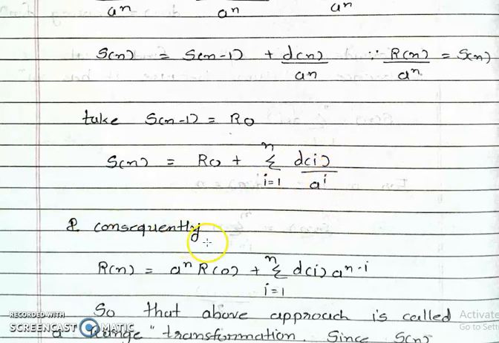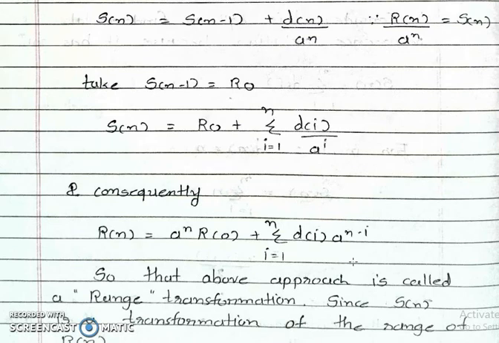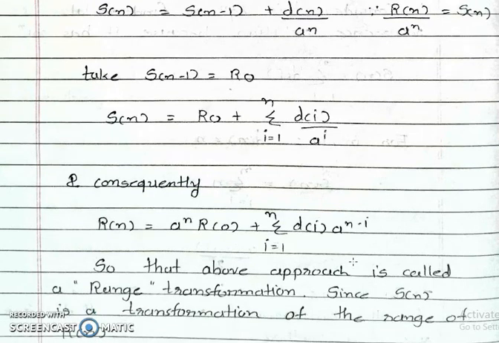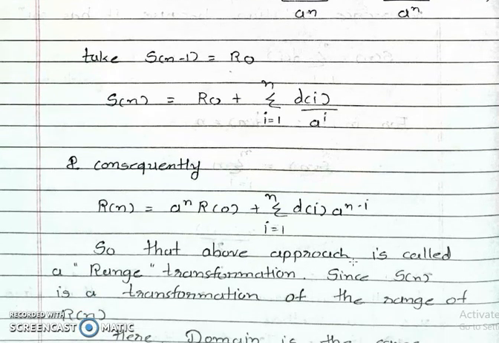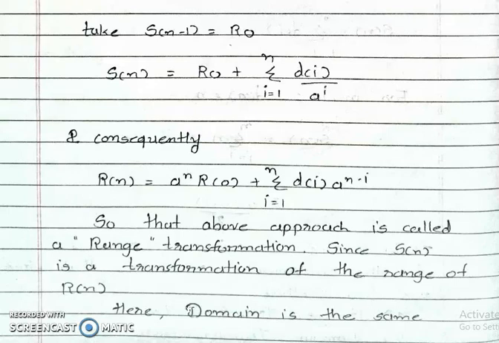And consequently we get R of n equal to a raised to n into R of 0 plus sigma i equal to 1 to n d of i into a raised to n minus i. This approach is called the range transformation, since S of n is a transformation of the range of R of n; here the domain is the same.